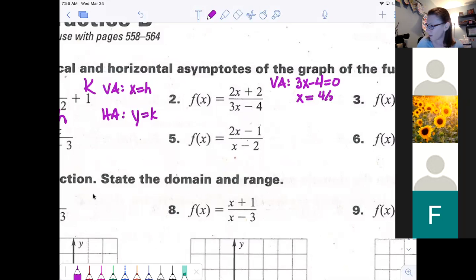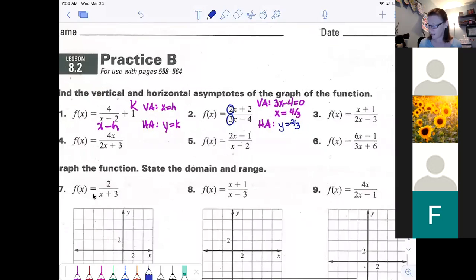Yeah. And then Annabelle, how do you find a horizontal asymptote when it's in this fraction form? You divide the coefficients on the top and bottom. Yeah, so that would be 2/3. 2/3. So that's all you're doing for 3, 4, 5, 6.